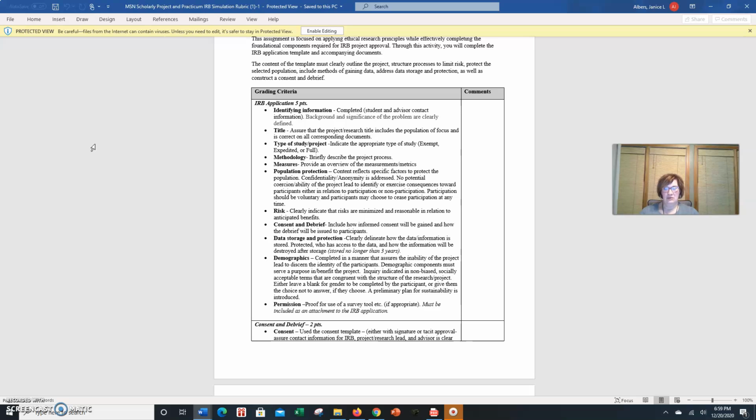Your consent and debrief, you will actually be filling out those forms, and you want to think about how you would get the informed consent and debrief to folks if you were actually going through the process of doing a study. Would you send that via email? Would you give paper copies? How would you do that?